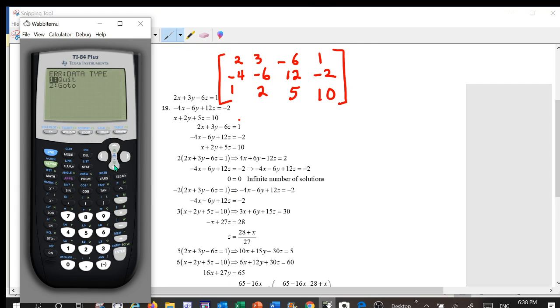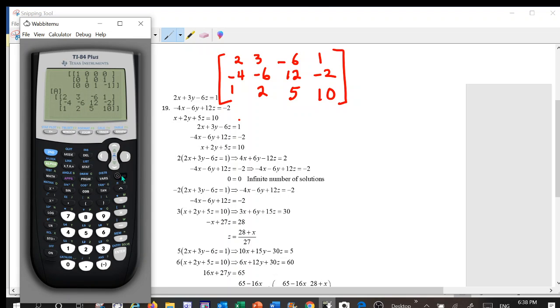Press enter. No, something is wrong there. Oh, here we go. 10. Enter. All right, we have to get out and then go to matrix. So 2, 3, -6, 1, -4, -6, 12, -2, 1, 2, 5, 10.